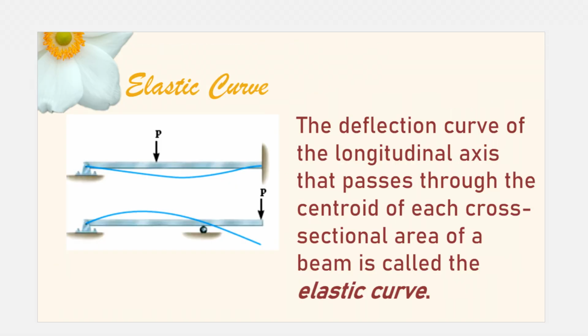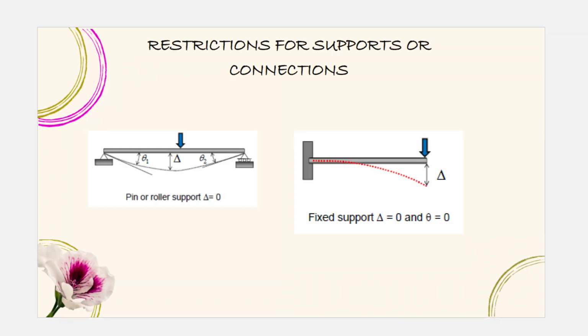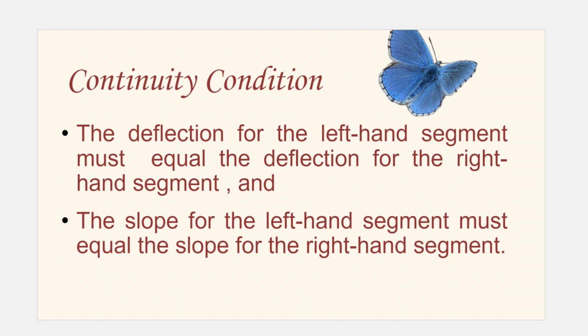Next, we have the elastic curve, which is the curved shape of the longitudinal centroidal surface of a beam due to transverse loads. Then, we have the restrictions for supports or connections. We have the pin or roller support and the fixed support. Another topic that we can discuss is the continuity condition, where the deflection of the left-hand segment must be equal to the right-hand segment, while the slope must also be equal from left-hand to right-hand segment.